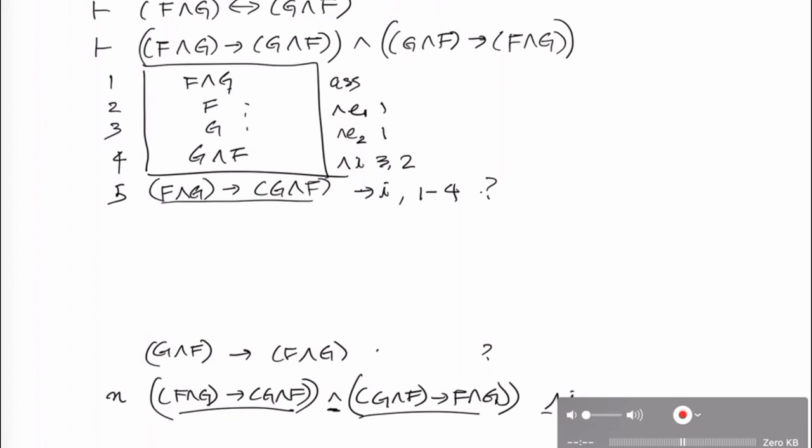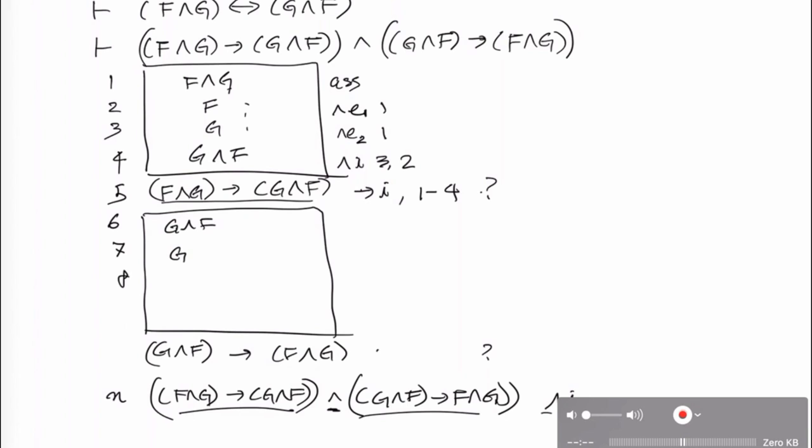Good. And the next thing is actually symmetric, so let me just write it down. In line 6 we assume g and f, in line 7 we get g, and in line 8 we get f. This is our assumption, and for g this is conjunction elimination from line 6, the first version.